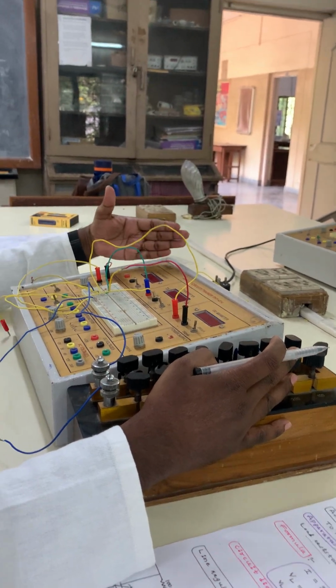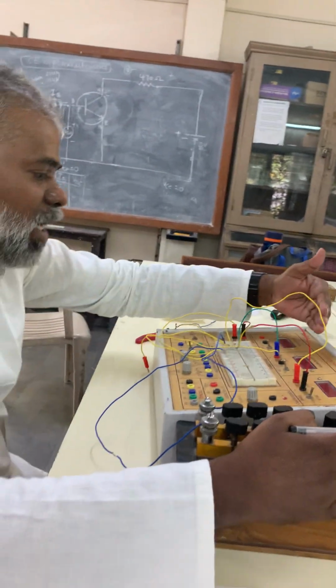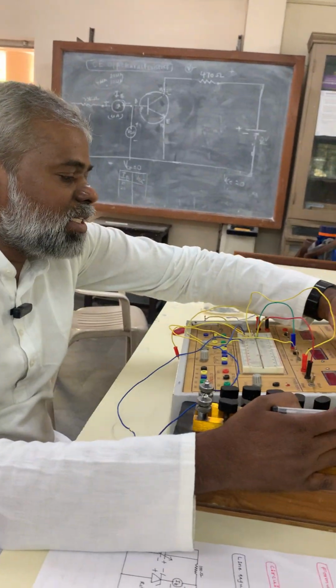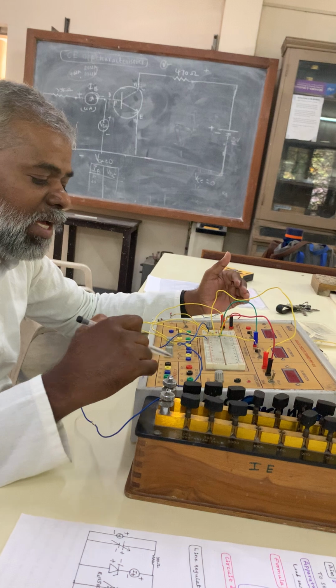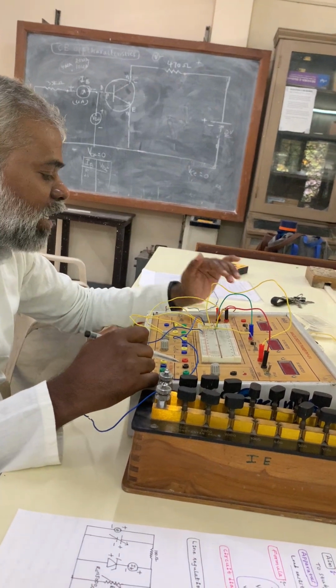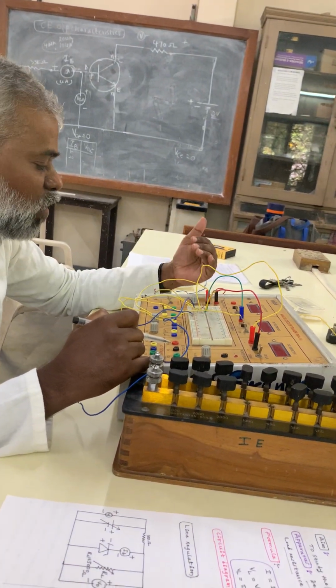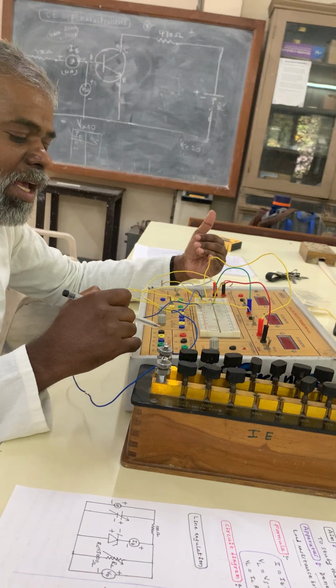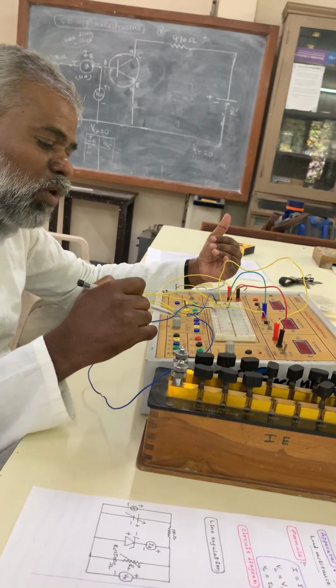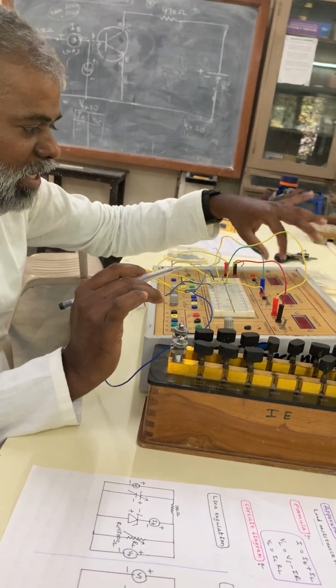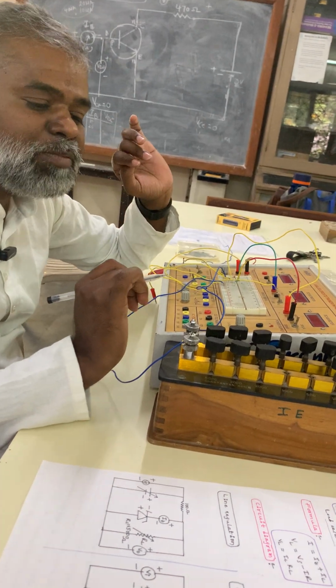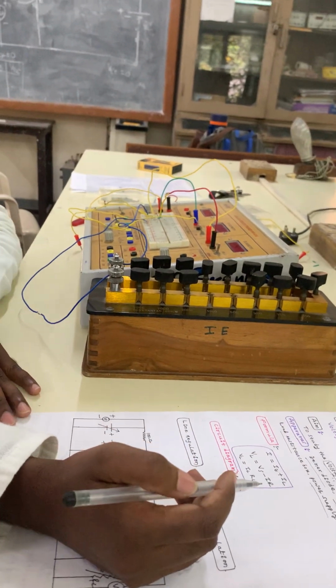In this analog circuit trainer, there are an AC voltmeter, DC voltmeter, DC ammeter and power supplies. Two types of power supplies are there, with potentiometer, DC voltages, a switch, and AC voltages also, from this analog circuit trainer. Clear?